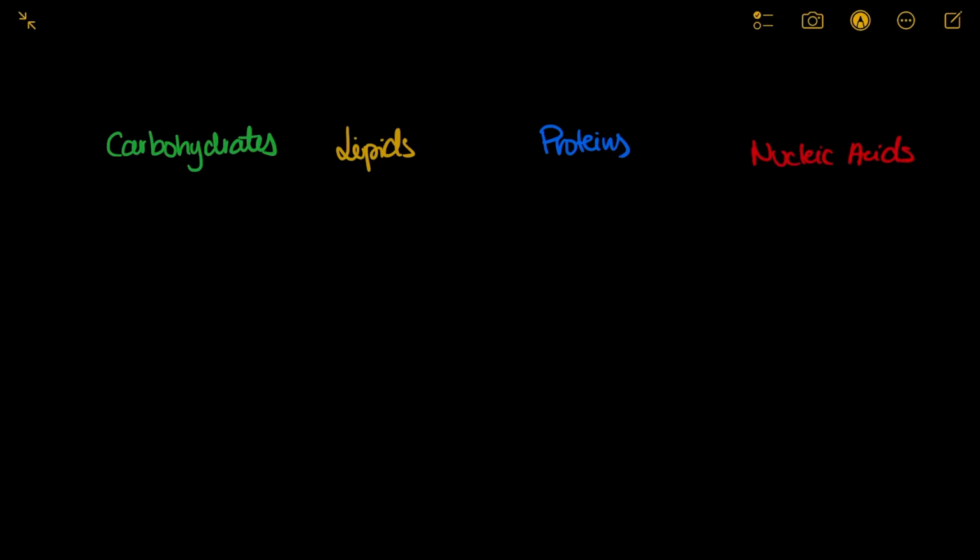Now what's important for all of them is that they consist of different elements. So as we already said, we definitely have carbon for all of them. Another 2 elements that are always present are hydrogen and oxygen.